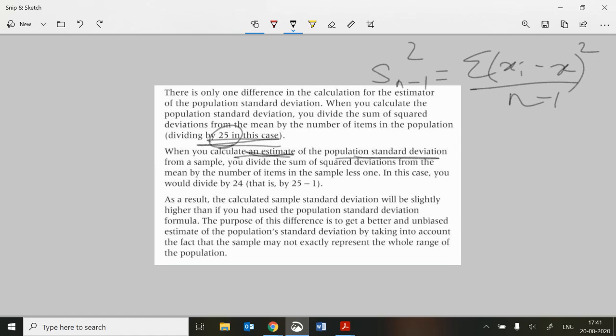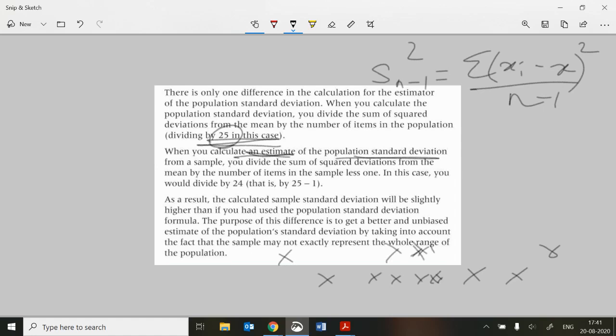Now, why are we doing that? Well, the short answer is that when we take into account the entire population, we're expecting the spread to be slightly greater than in our sample. Maybe you'll have answers out here, maybe out here, and then loads and loads in the center.